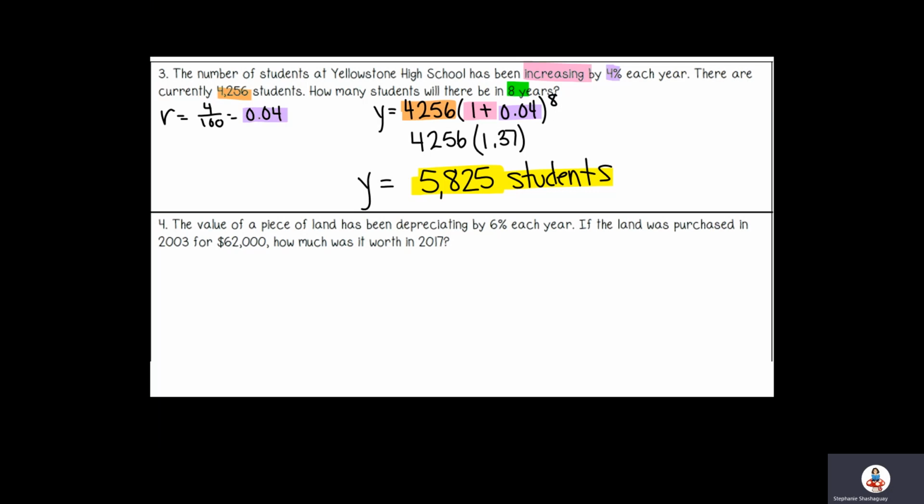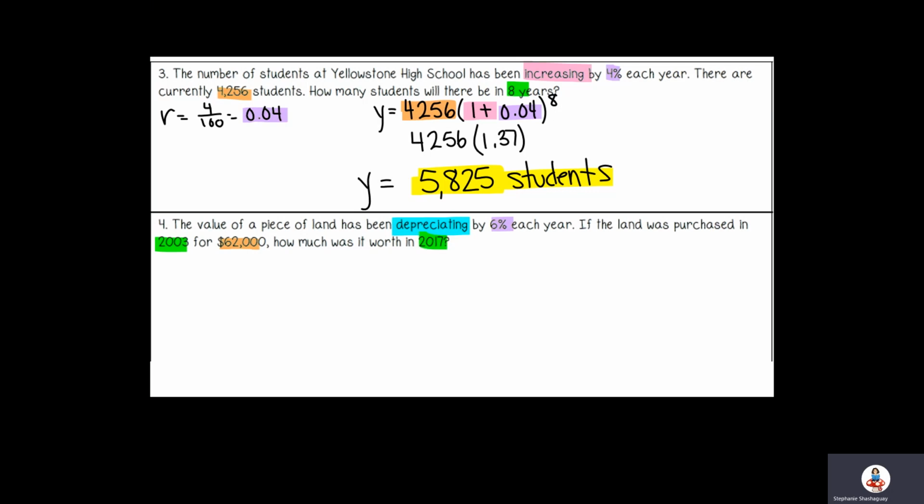All right, moving on to number 4. The value of a piece of land has been depreciating. Depreciating means decaying by 6% each year. If the land was purchased in 2003 for $62,000, how much was it worth in 2017?